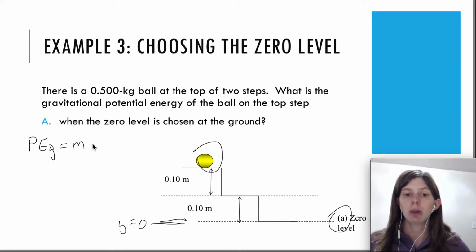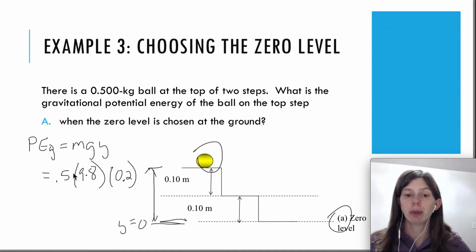PEg equals mgy. So the mass is 0.5, g is 9.8, and the height, well, from here to here, that's 0.1 plus 0.1, that's 0.2. So just multiply these 3 numbers, and that gives us 0.98 joules. So relative to the ground, the ball has this much energy.